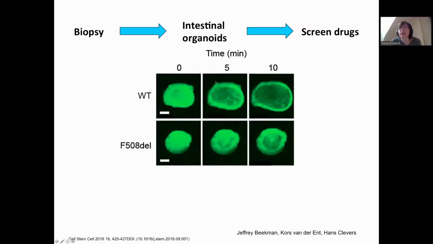And they were able to actually look for drugs that allowed the channel to open and allow the proper flow of ions. And this drug was then given to the patient and was able to cure them very rapidly. So, this is a great example of how you can screen for drugs that are specifically targeting one mutation and then can then be used for a patient.